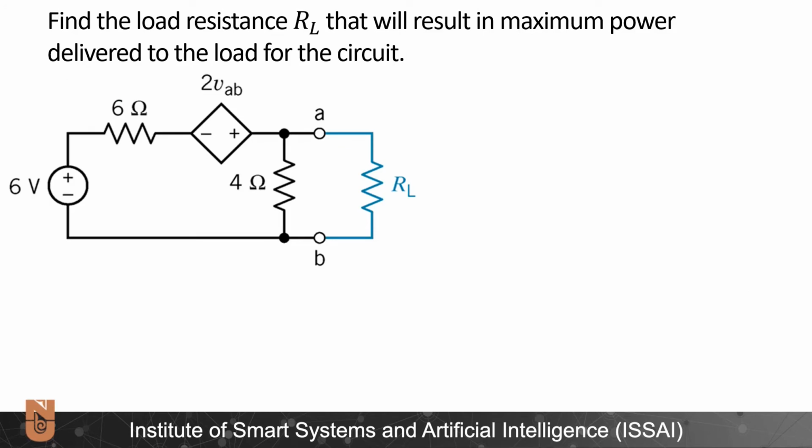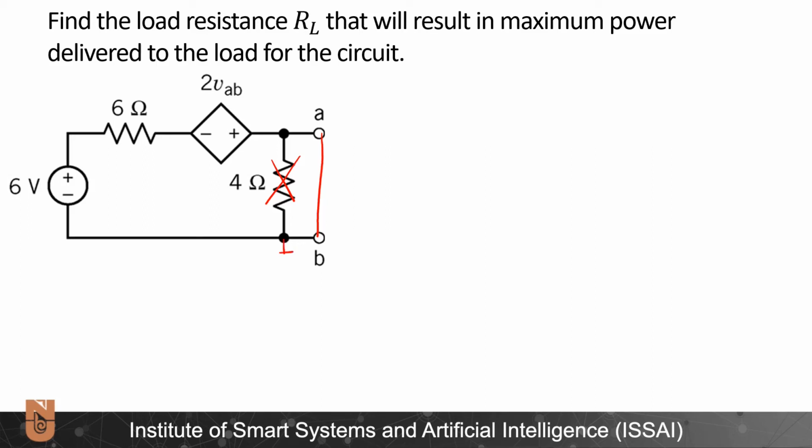I need to find the load resistance RL that will result in the maximum power transfer delivered to the load for this circuit. So in other words, I need to find V open circuit and I short circuit, assuming that RL is not there. I think the easier one is the I short circuit, because if I short circuit this element, then this 4 ohm resistor will be bypassed.